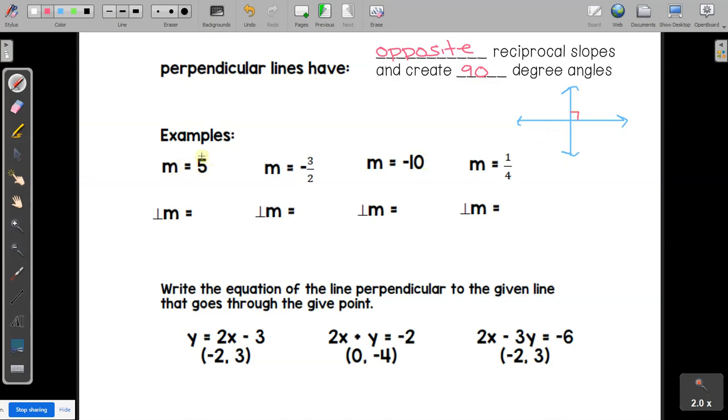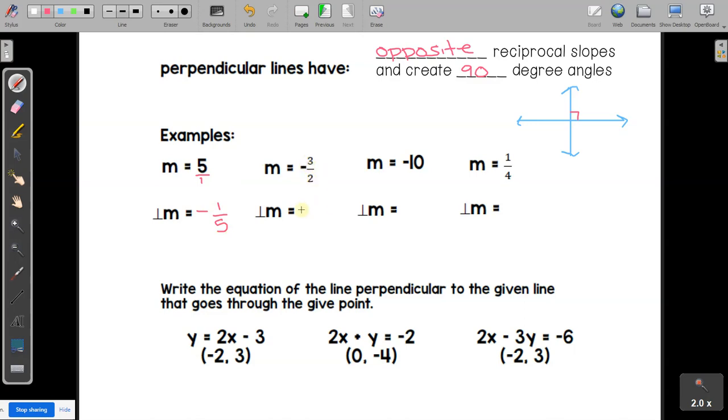So we have a slope of 5. We need the perpendicular slope of that. 5 is positive, so it's going to become negative. And then think of 5 as 5 over 1 as a fraction. If we flip that, we get negative 1 over 5 as our slope. Here we have negative 3/2.